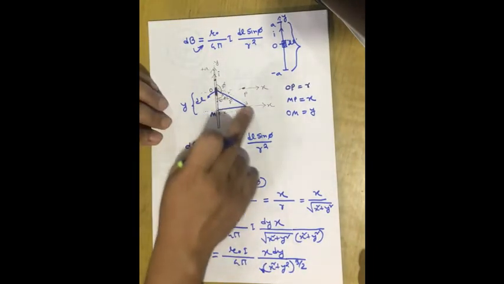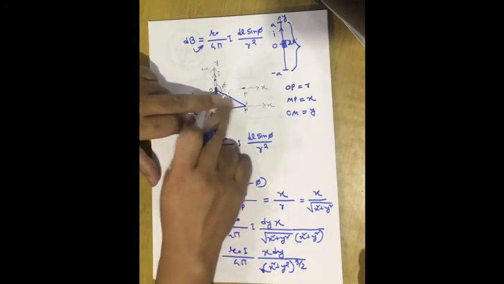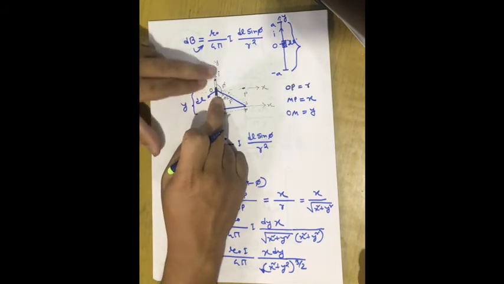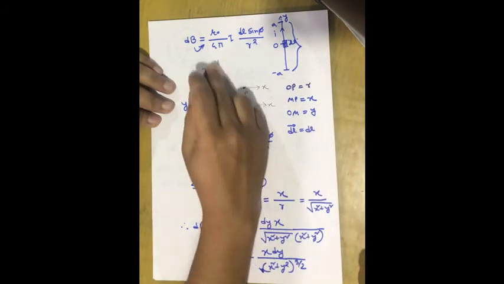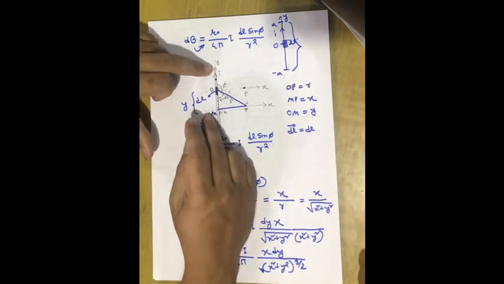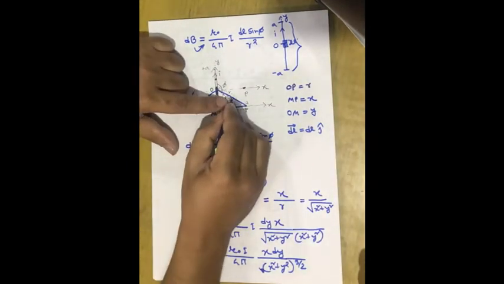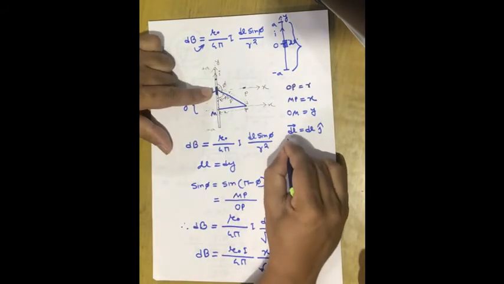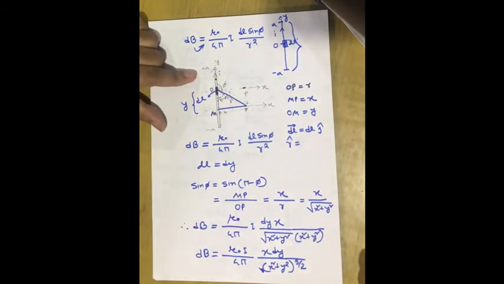If you see here, the radius vector is in the xy plane, and the dl length is along the y-axis. So we can write dl into the unit vector along the y-axis, which is j cap. And r cap we have to determine in the xy plane. This is the radius vector, right?